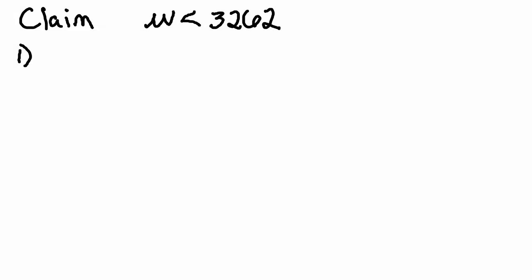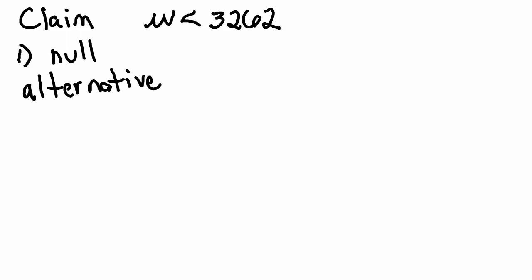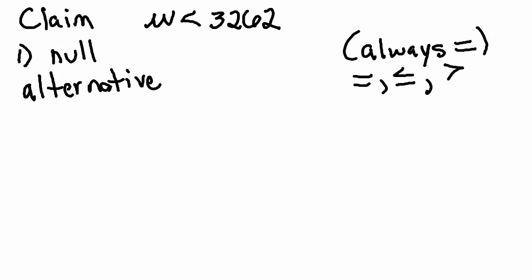Well, actually, this is all the first step, the null and the alternative. All right, here's another really, really important thing. The null always has the equal sign. So it's either equal, less than or equal to, or greater than or equal to.